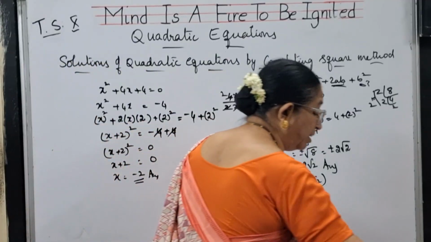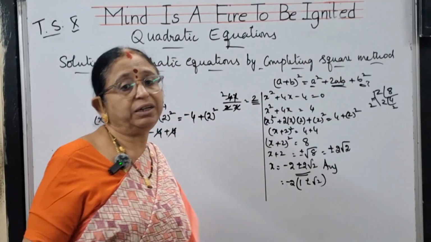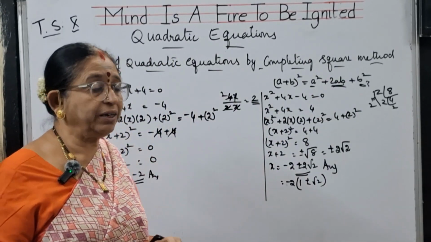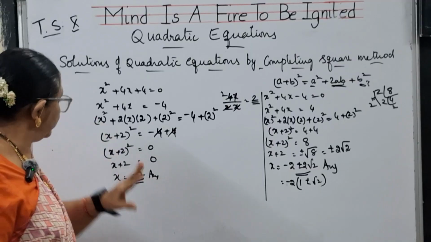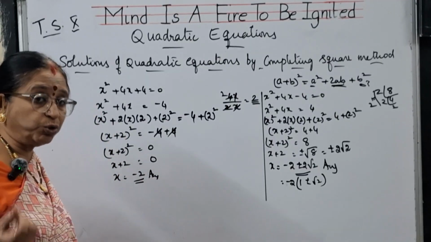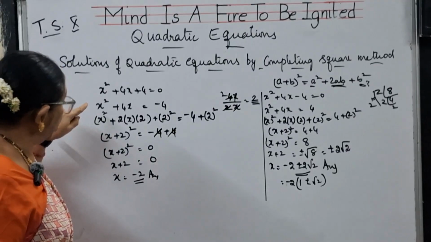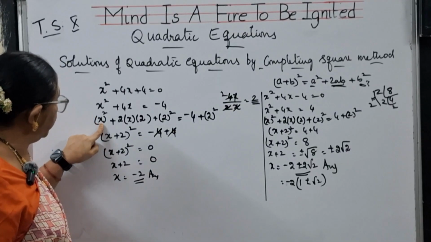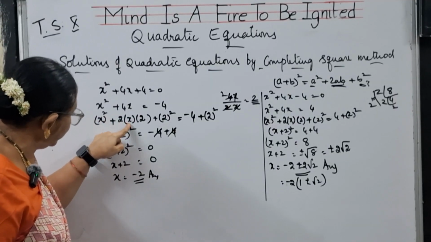So your main task in this problem is identifying b. So how to identify b? You always should see that here you will be getting only x square. How to change it, I am going to teach you in the next example. So here if you have x square only, in the place of here you can take x. If you can take x here, 2x is there.